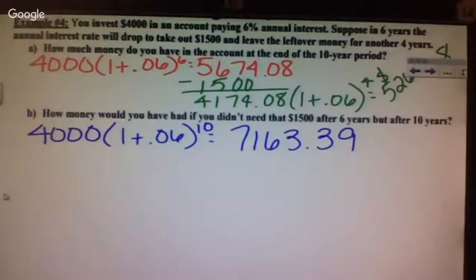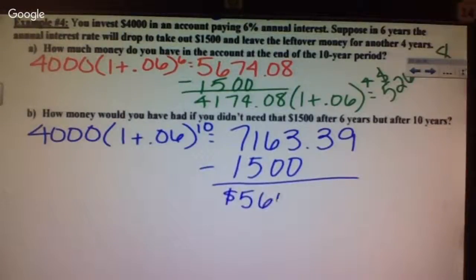Okay, so at the end of 10 years, we have this amount. Then they're gonna take out that 1,500, which leaves me with $5,663.39. Guess what? I got that same exact answer, but I didn't do that. What'd you do? Oh, okay, yeah, that would have worked.